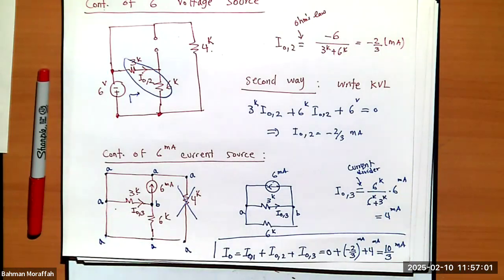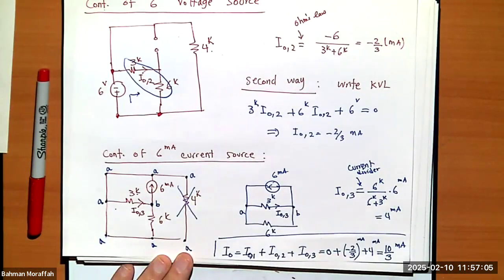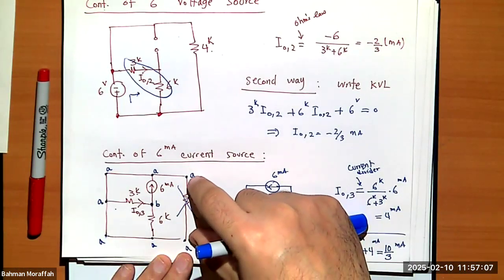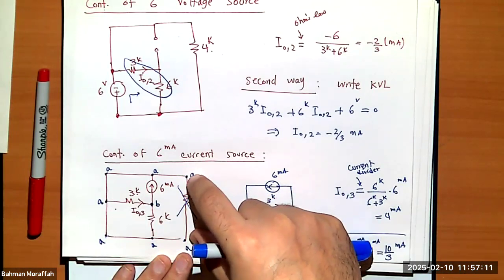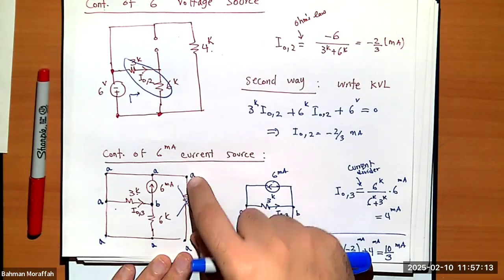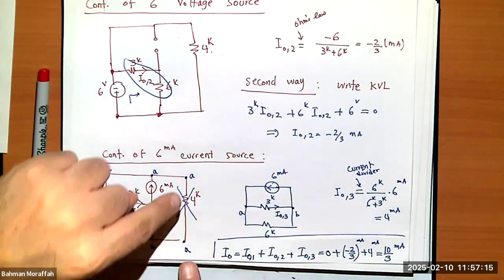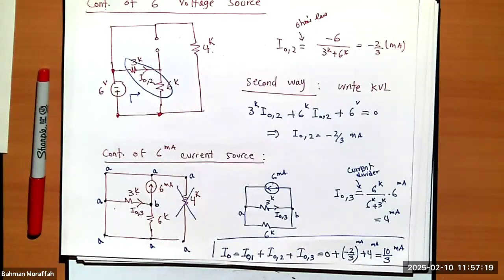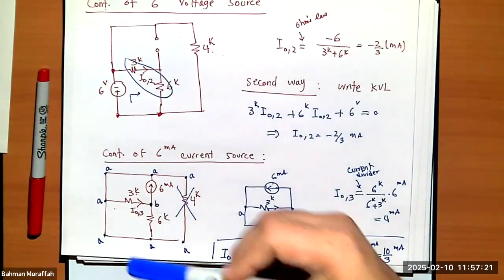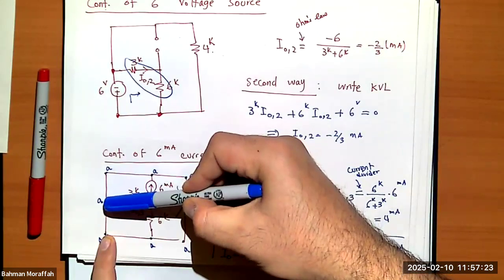Very, very first thing we notice, look at the circuit. If we name the nodes, it turns out both ends of this 4K got the exact same name. What it means is that this 4K resistor is indeed in parallel with this wire right here.